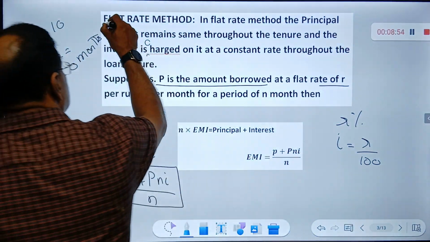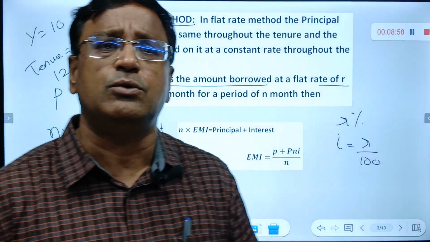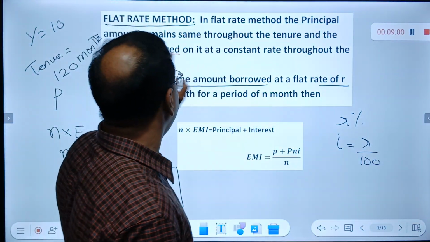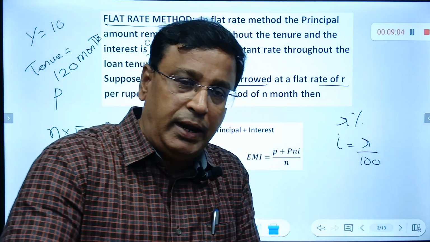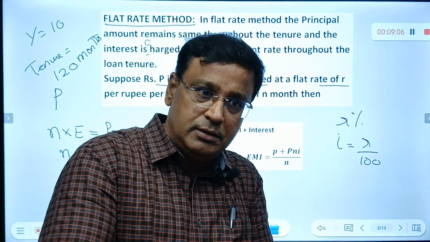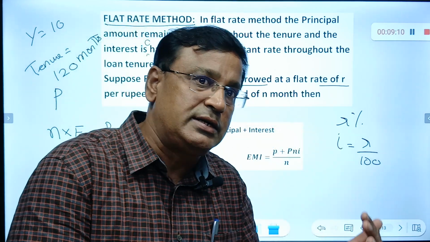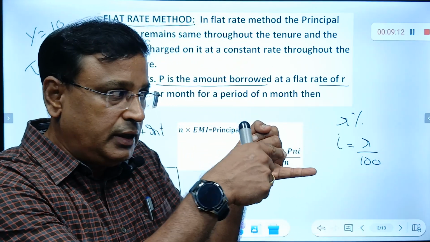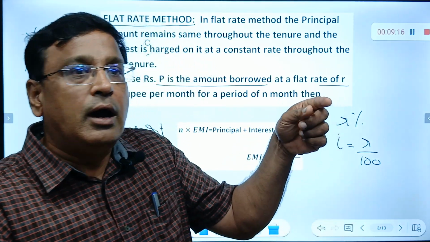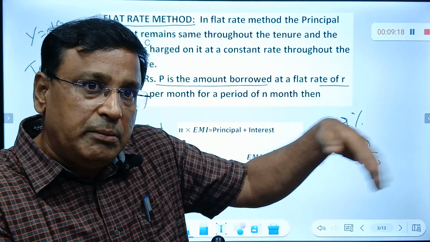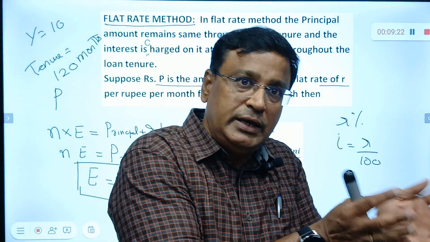Now that you understood what the flat rate method is, in the reducing balance method what happens? The principal does not remain the same. I pay some amount this month. After they calculate the interest, first the EMI, after I pay the interest, the EMI is subtracted, because from the principal you have to subtract that month's EMI.